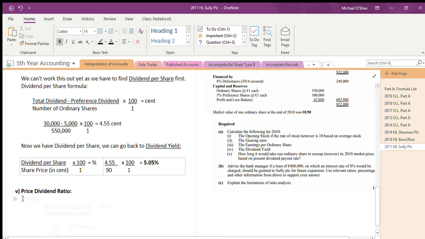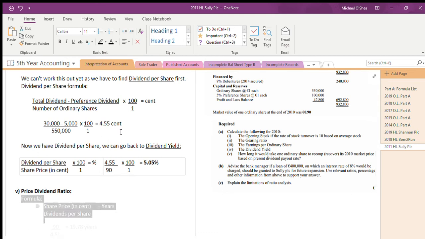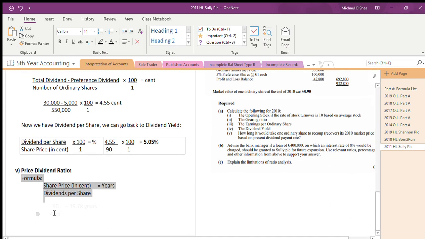The formula for that was share price in cent divided by dividends per share, DPS, which we just worked out up here to be 4.55 cent. So nice and simple, plug those in. My share price is my market value, 90 cent, and my dividend per share is 4.55. My answer is in years, my answer is 19.78 years.